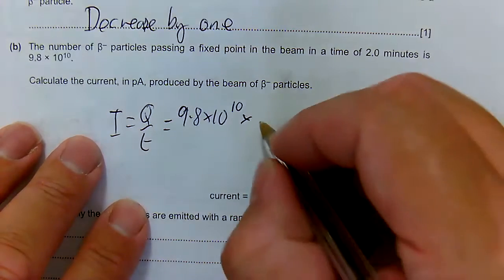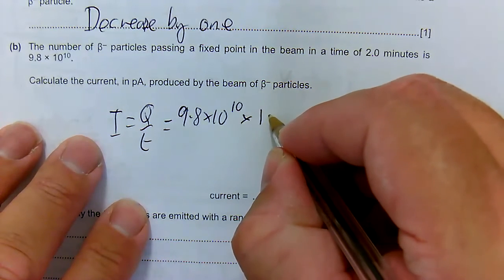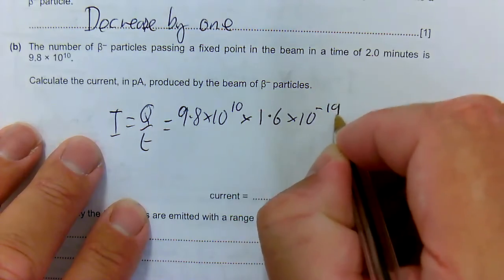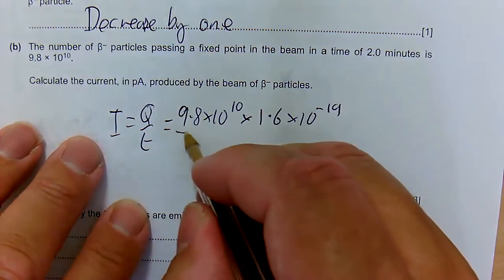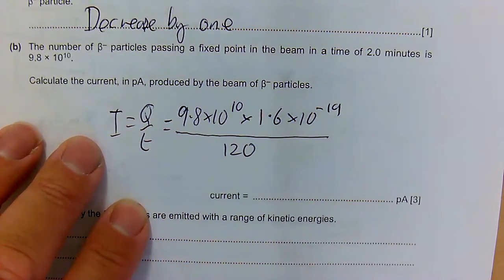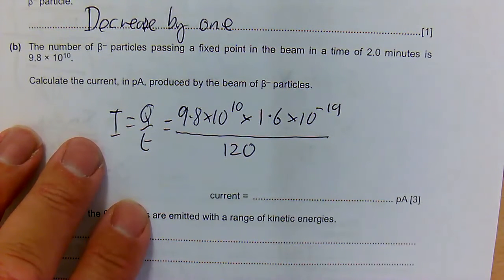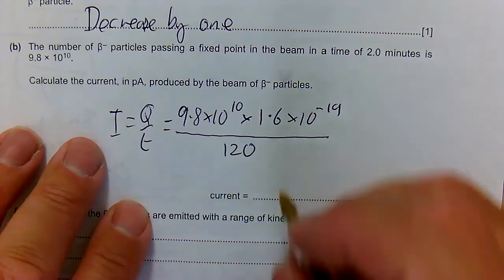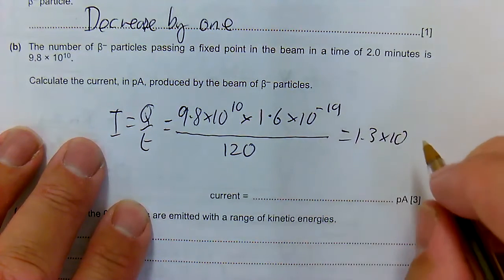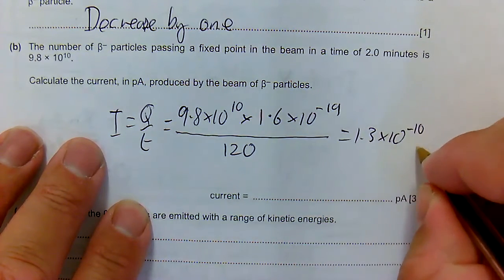Well, it's an electron, so that's the elementary charge from your formula sheet. It's 1.6 times 10 to the power of minus 19 coulombs, divided by 2 minutes, that's 120 seconds. That's it. What an easy 3 marks. And you end up with 1.3 times 10 to the power of minus 10 amps.